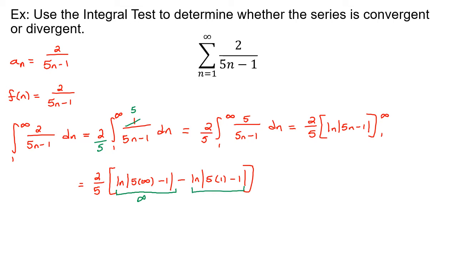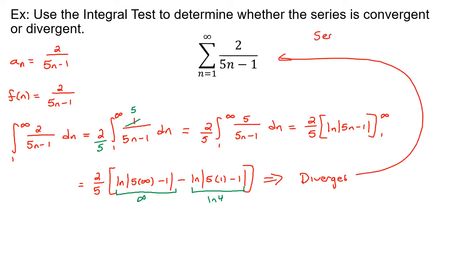This part will go to the natural log of 4. But because that first part goes to infinity, this will diverge. And the integral is diverging, which implies that back up here, this series must diverge as well. So this is a divergent series.